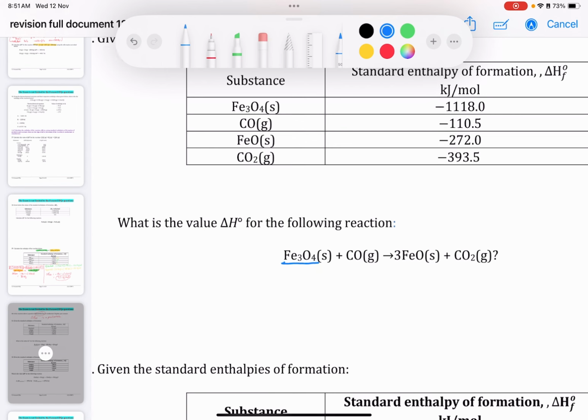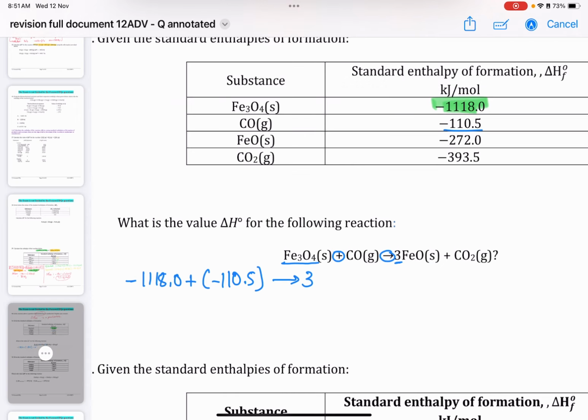Fe3O4. Here's the value. So negative 1118.0 plus CO, negative 0.5.